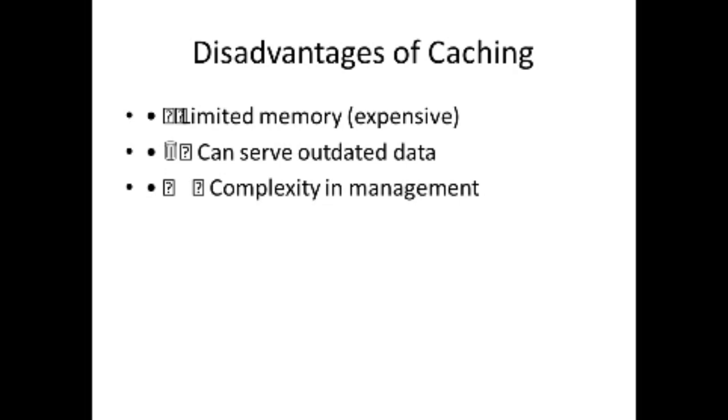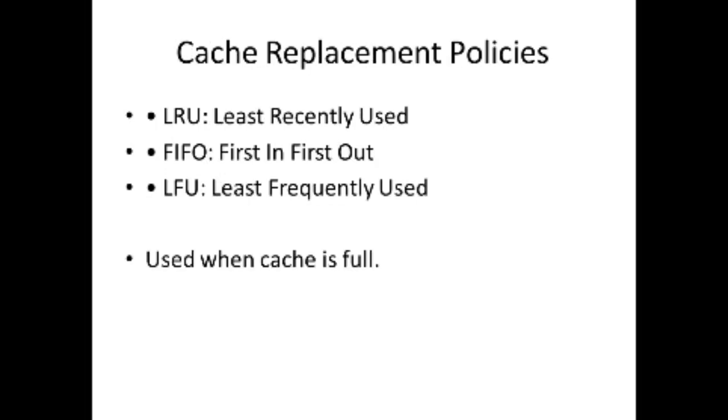All right. So cache replacement policies are LRU, least recently used, FIFO, first in first out, and LFU, least frequently used. These replacement policies are used when the cache is full.